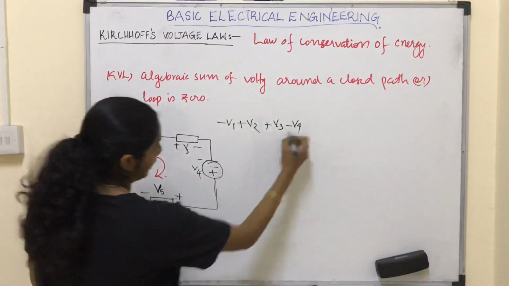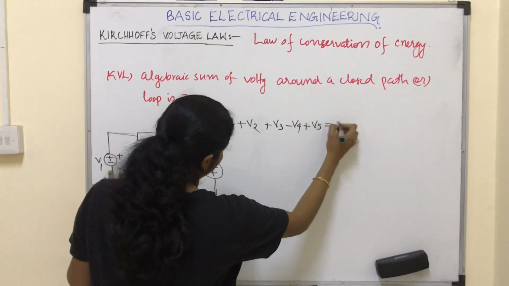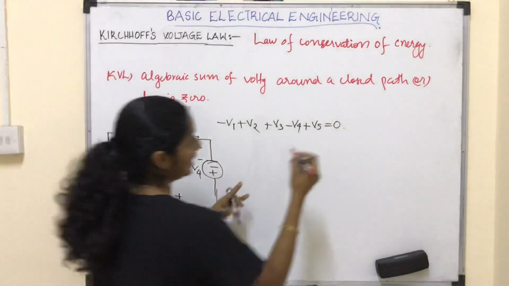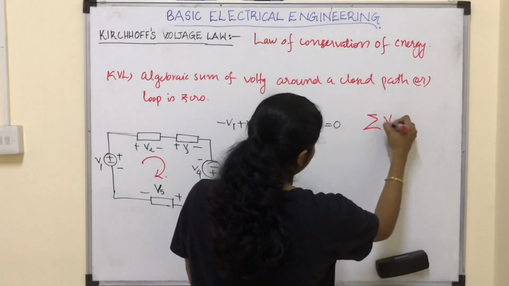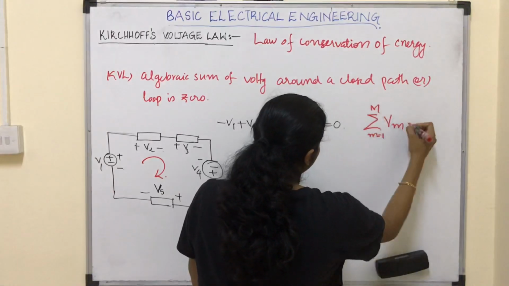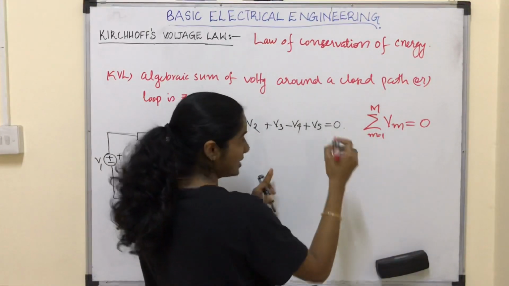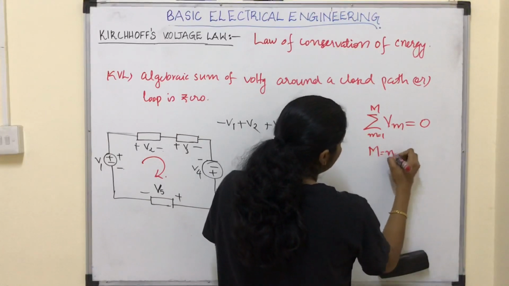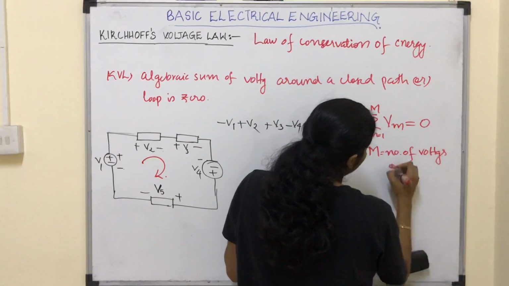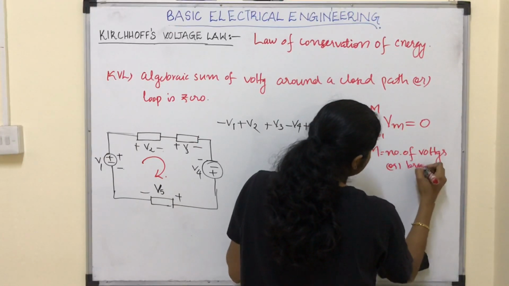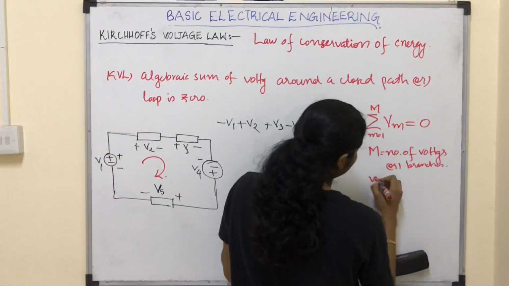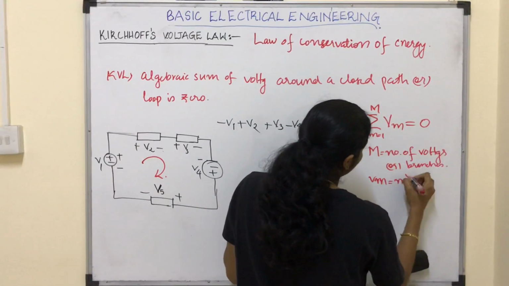-V4 +V5 equal to 0, or we can say mathematically as sigma Vm, where m is equal to 1 to M, equal to 0. What is M? M is nothing but the number of voltages or number of branches in a loop, and Vm is the mth voltage.